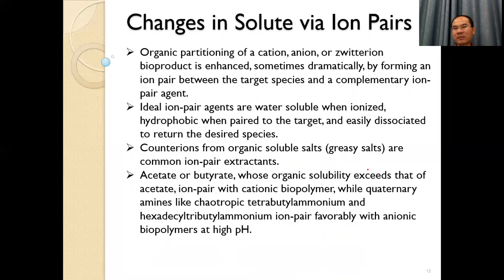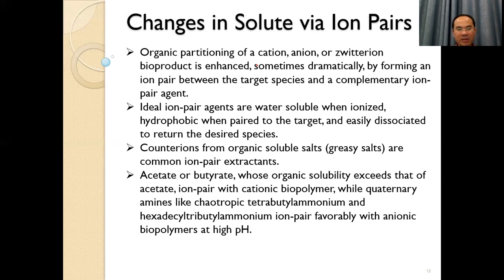If we would like to use some organic solvent to separate this ionic charge, sometimes it's difficult to separate because the organic solvent has no charge. For this case, we can use an ion pair agent to solve this problem. An ideal ion pair agent is water soluble when ionized. That's why we add some ion pair agent to our system, and then it can be easily extracted to recover the desired species.